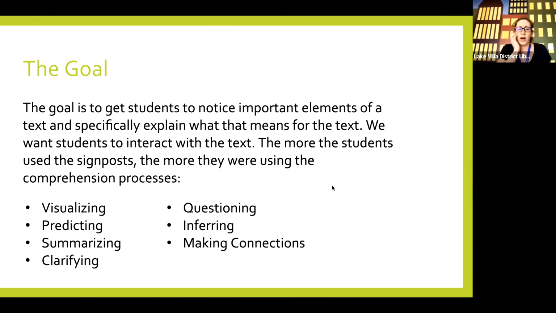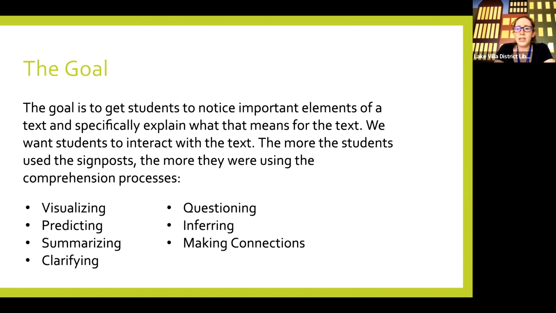So their goal was to get to the higher order thinking skills by noticing the elements in text. So we talk about the story elements of plot, character, setting, and there's a whole bunch of other things you can look at. You can look at symbols, allegory, all of that stuff, depending on how advanced your kids are, right?